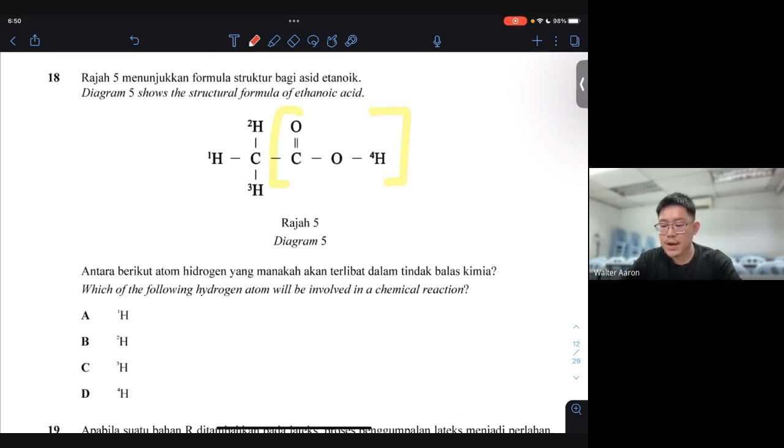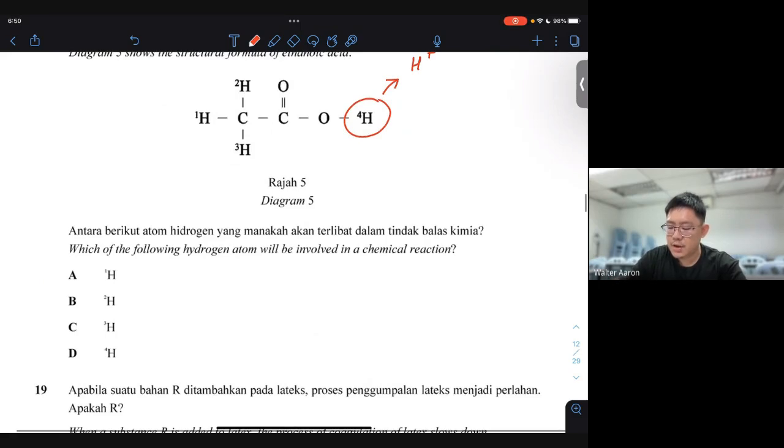So when any organic acid or any carboxylic acid dissociates in water, the hydrogen over here will be the one that is dissociated, or actually released, to form hydrogen ions. Remember the dissociation equation.